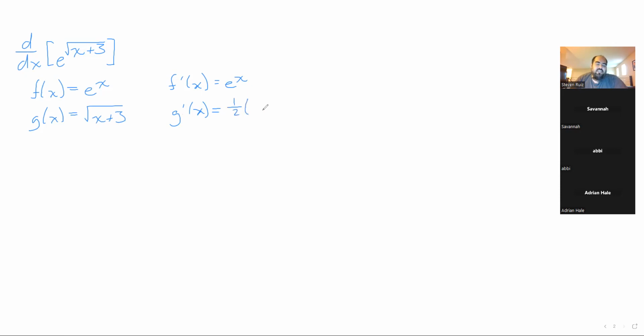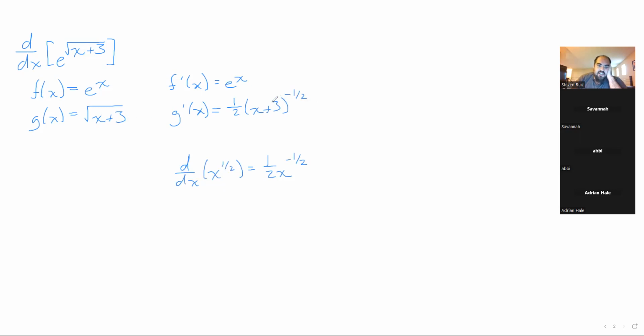I'm going to say the derivative of this thing is 1/2 times what's underneath the radical to the negative 1/2 power. The reason is that we just did this: the derivative of x to the 1/2 is equal to 1/2 x to the negative 1/2. So basically, I'm kind of shortening the chain rule here. I don't really have square root of x anymore. I have square root of x plus 3.